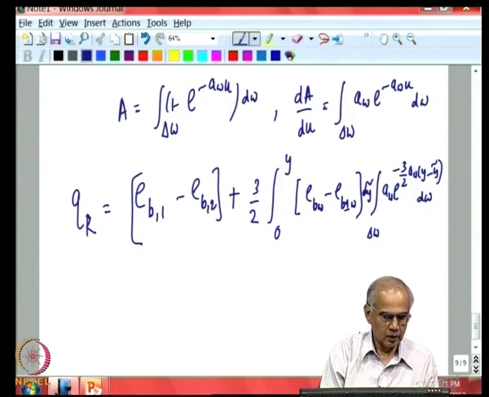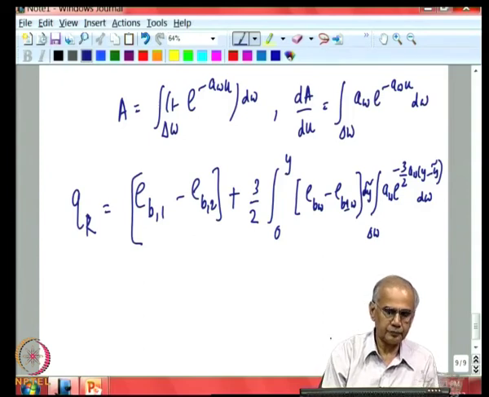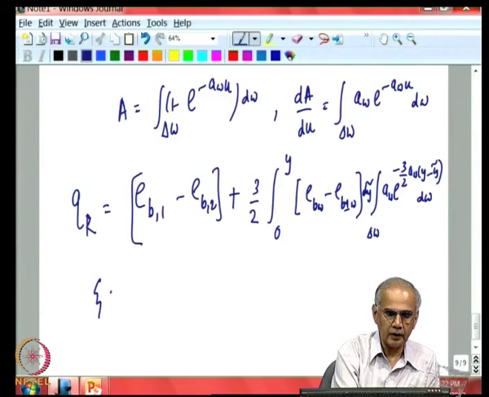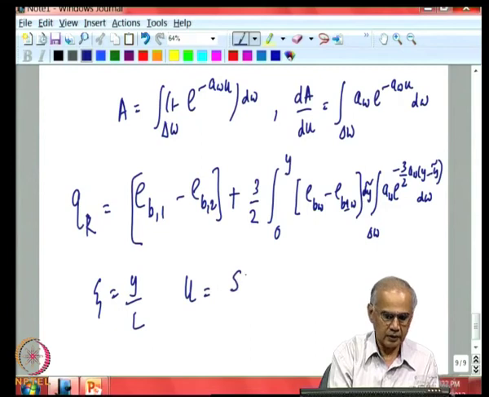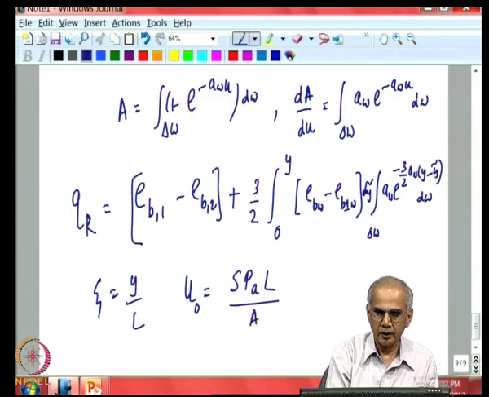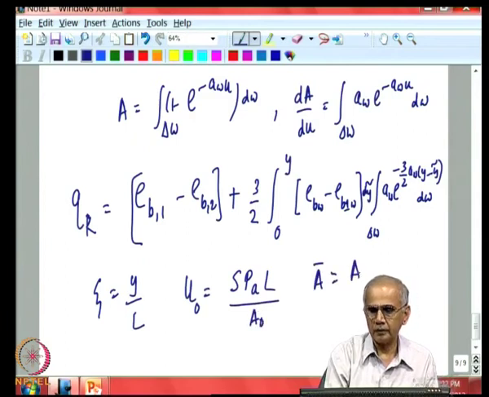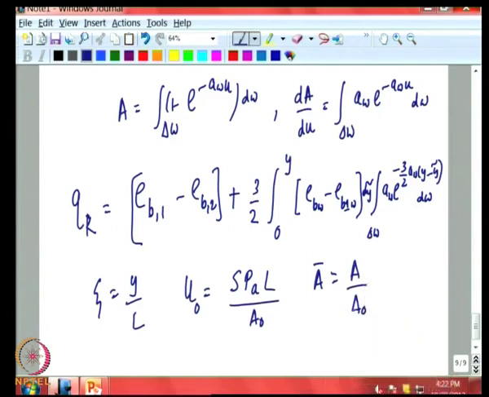So, with these definitions, defining a non-dimensional length scale as y by L, non-dimensional path length u as S into P, the maximum path length, S into the partial pressure of the absorbing gas times length scale by the bandwidth, and non-dimensional band absorptance as this.